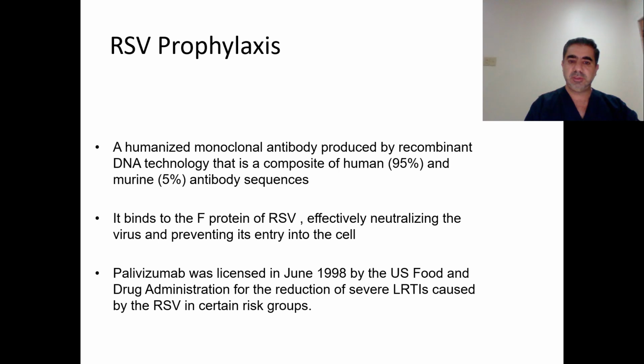So it binds to the F protein, effectively neutralizing the virus and preventing its entry into the cell. Palivizumab, which is the RSV prophylaxis or the antibody, was licensed in June 1998 by the US Food and Drug Administration for the reduction of severe lower respiratory tract infections caused by the RSV in certain risk groups.